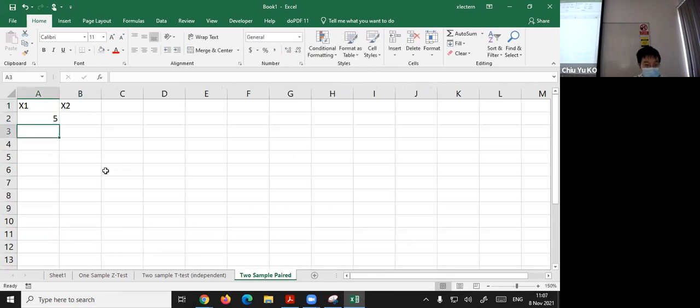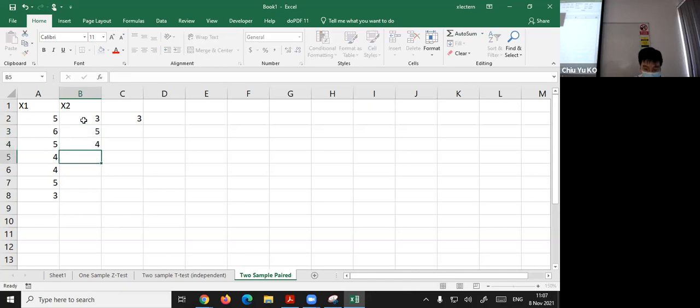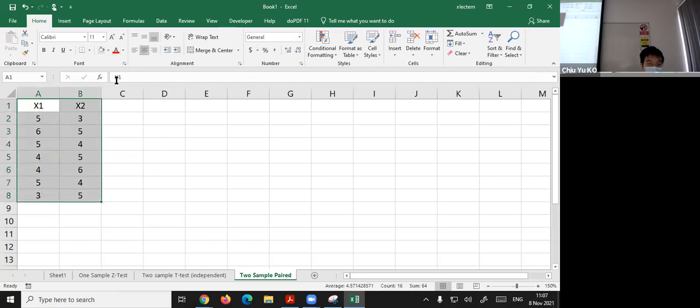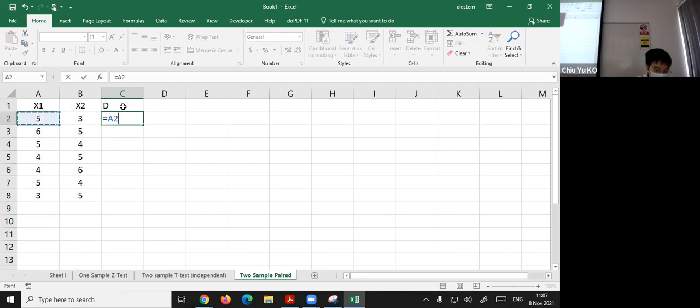And we have some numbers here, and some numbers there. Just remember it's paired, so that means you have the same number of observations. So the first thing to do is to calculate another variable called D, and D is just x1 minus x2.